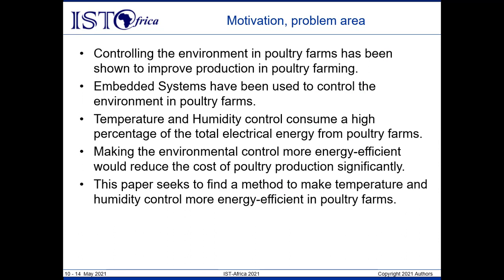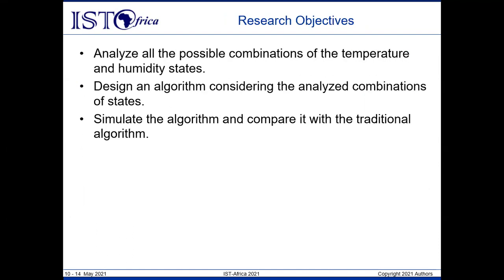So this paper therefore seeks to find a method to make temperature and humidity control more energy efficient in poultry farms. To do that, the research was broken into these three objectives.